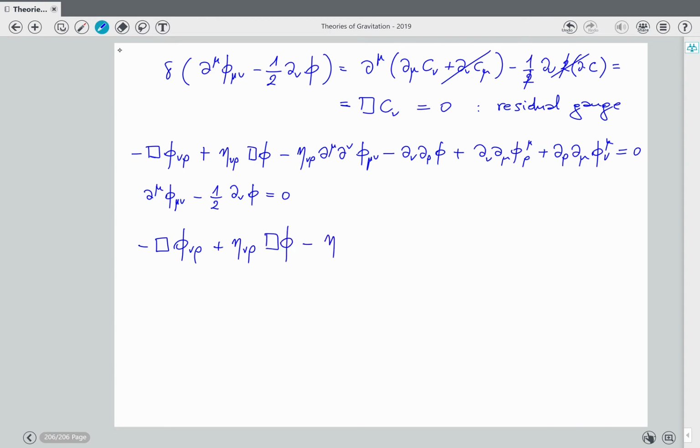So here you have eta, and instead of this, you can put one half partial, also, yes, you can write it like that. Partial mu phi mu is equal to 1/2 partial nu phi. So that is equal to 1/2 box phi.